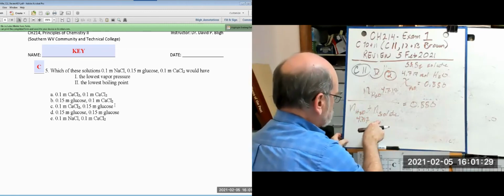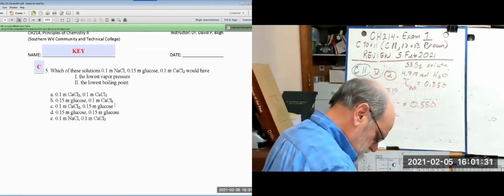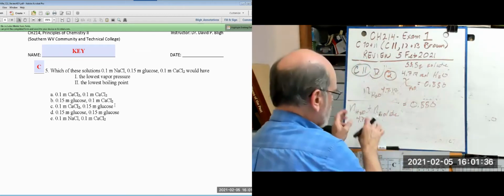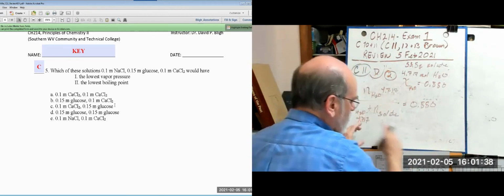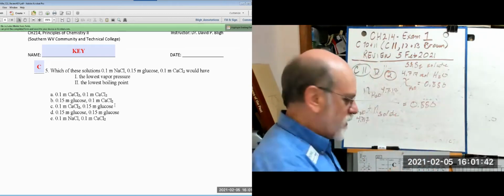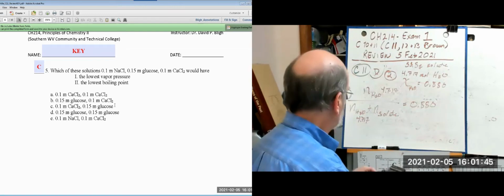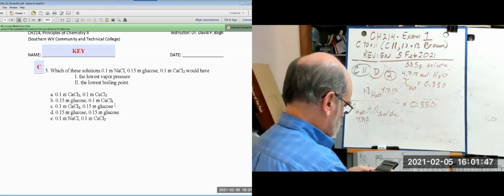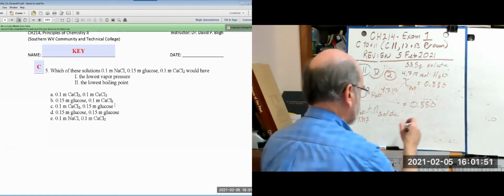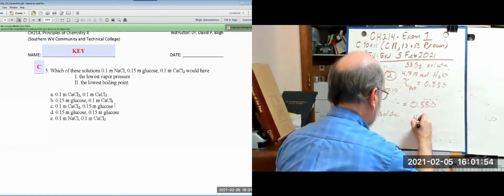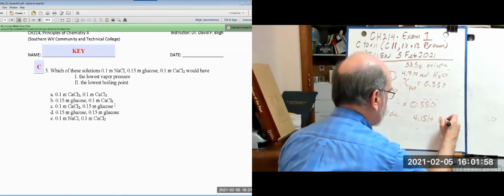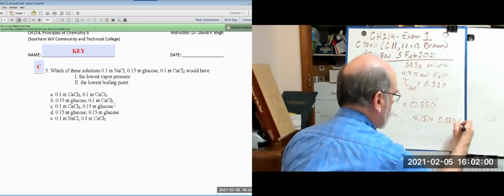We take this term times that side. So 4.717 times this is 4.151, plus 0.880 times the moles of the solute.